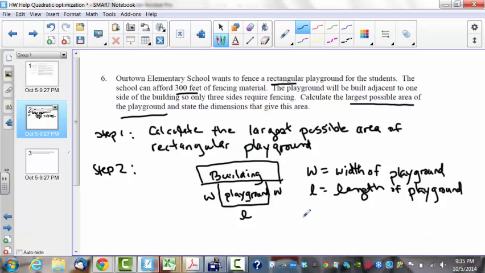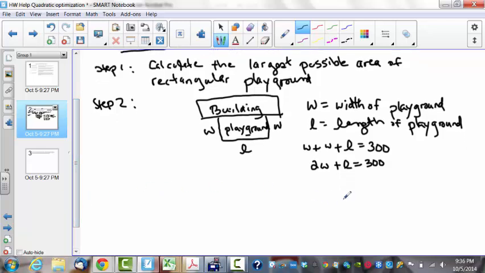Okay, now that you've gotten a chance to think about it, let's see if you got what I'm going to think is the equation. So we have W plus W plus L is equal to 300. In other words, 2W plus L is equal to 300. I'll call this equation 1.